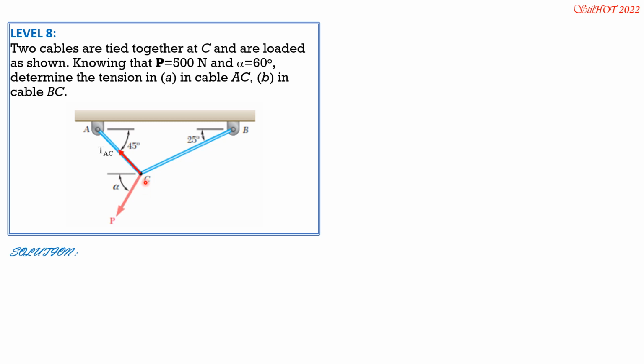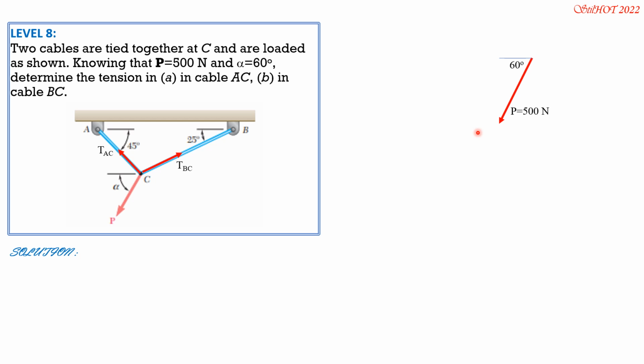So we'll call the tension in AC as TAC, which makes 45 degrees with the horizontal and the vertical also. And this one, tension BC, is 25 degrees with the horizontal. So let's draw the force triangle. First, we have P, which is 500, and alpha is 60 degrees, so remember 60 degrees with horizontal.